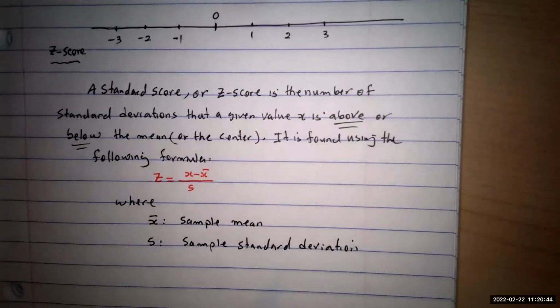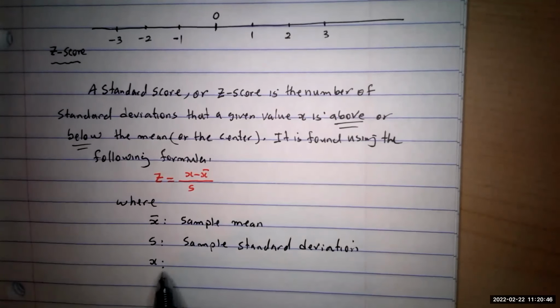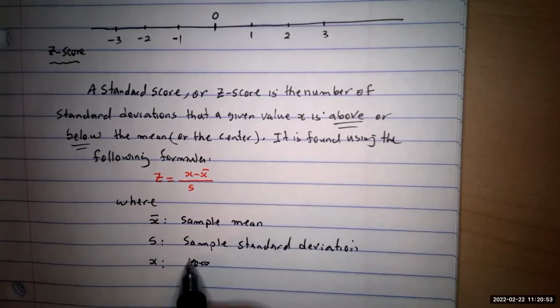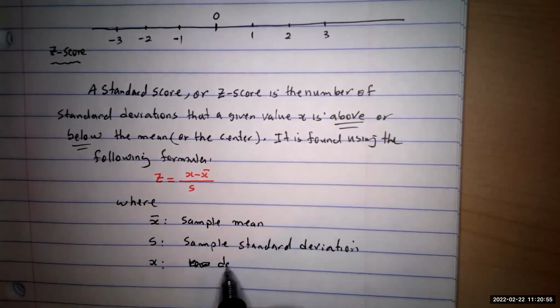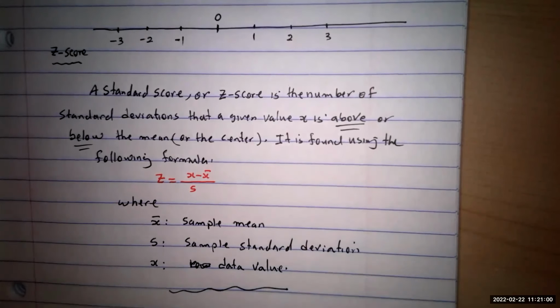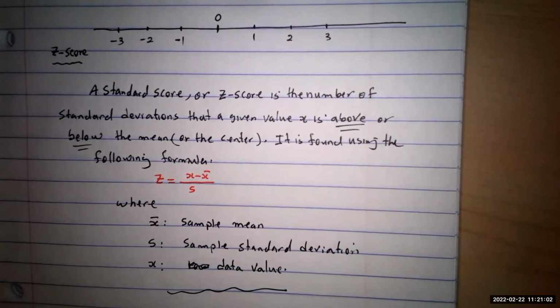And X is just the data values that you have, we call it the raw data value. So the X values would be given to you, change it to the Z. Then there's going to be another problem that we do the other way around. We can use the same formula, just a little bit of algebra. Let's keep it as is, then we come back to it.